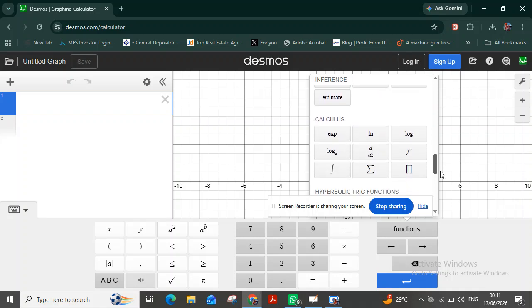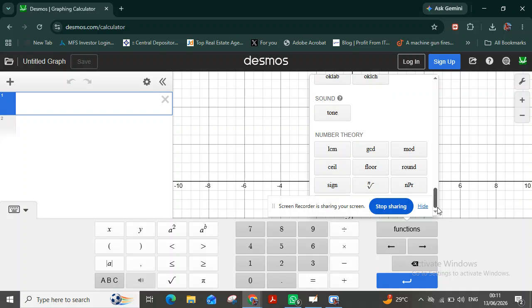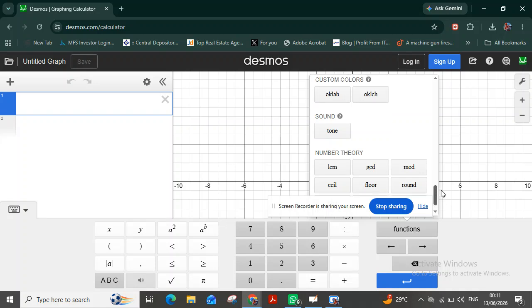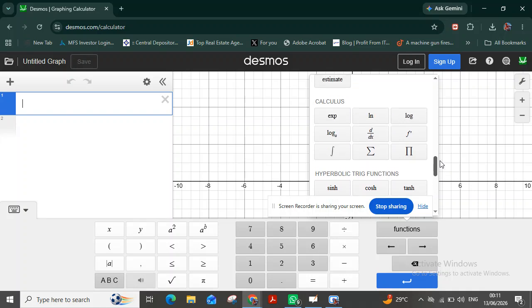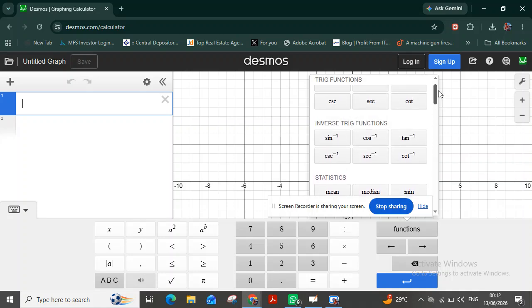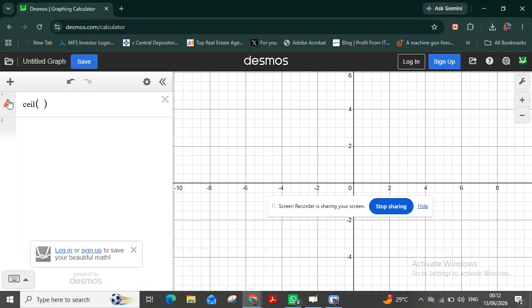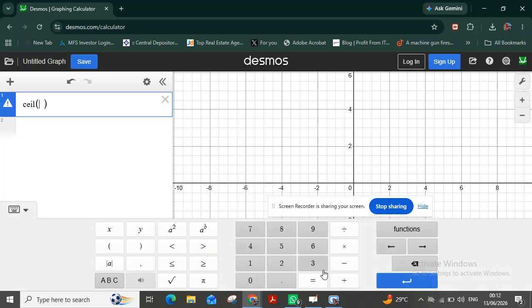Where's the box function? No box function here. Oh yeah, ceil. Remember ceil is also the box function, it's the other name of it. Okay, so this is how the graph will look.